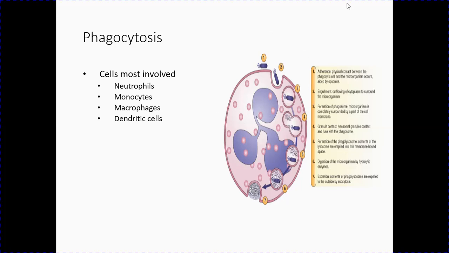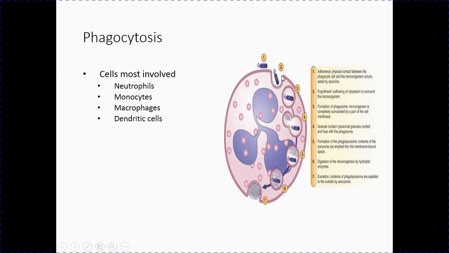The microorganism maybe has a coating on it, maybe it's opsonized, and an APR could opsonize it. But in any event, the phagocytic cell binds to the microorganism and will start to engulf it.